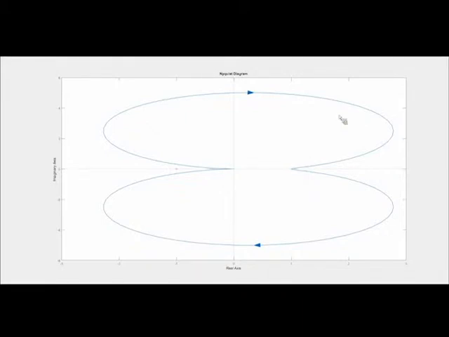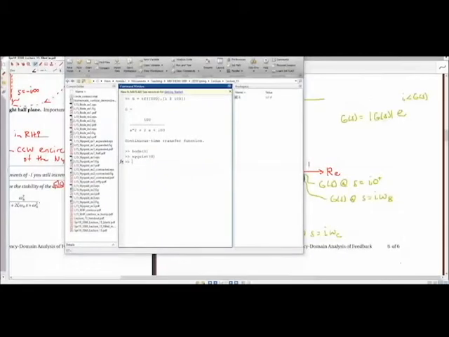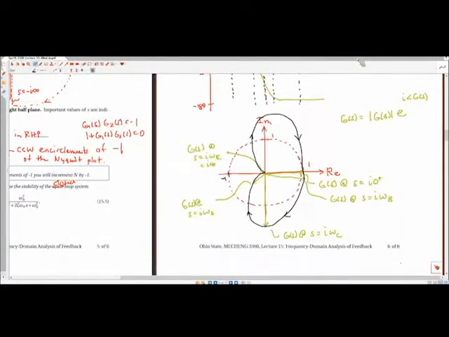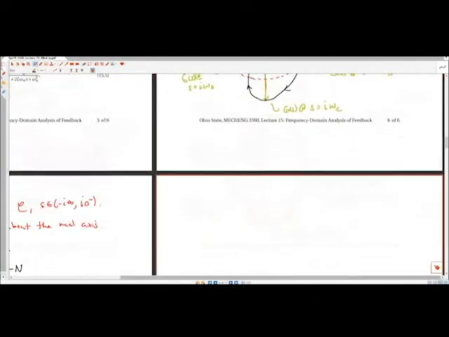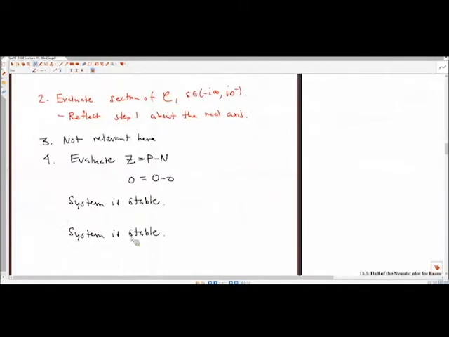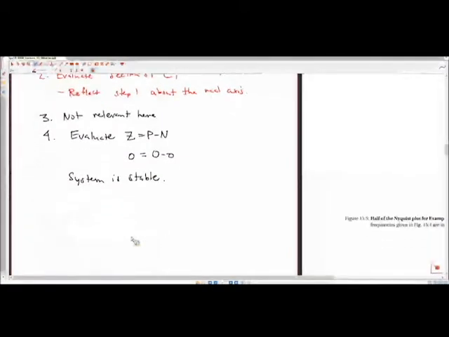And then I believe the very last thing we did is we evaluated what we're saying here: that this system is in a closed loop. I had to zoom through this pretty quickly, so I want to take a second to go through this here. We have G(s) in a closed loop.